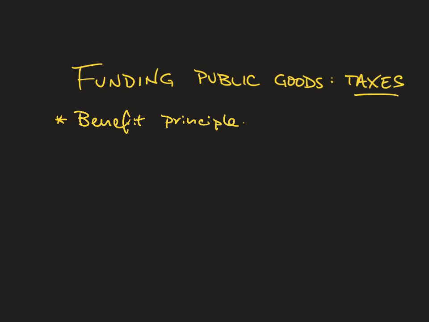Okay, but there are some limitations to the benefit principle. One is, in some cases, it's hard to calculate how much benefit each person gets from some type of public good. Let's go back to that example where a house fire is extinguished.